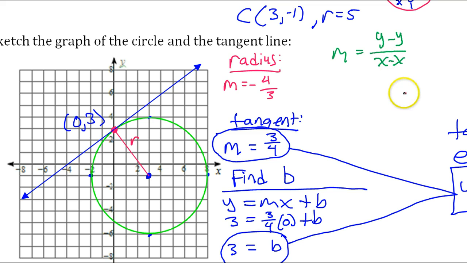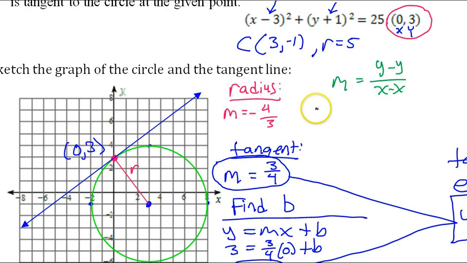Okay? So if I didn't have a graph, I still could have found the slope by just using the center and the point of tangency, and found the slope there. So if I did y minus y over x minus x, I'm showing another way I could have found the slope of the radius here, if I didn't have the graph.